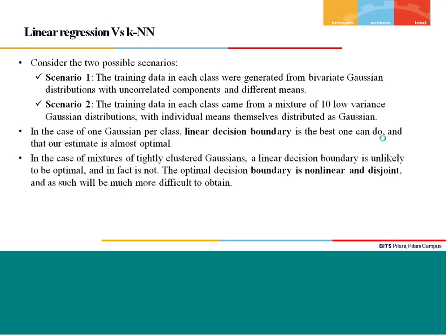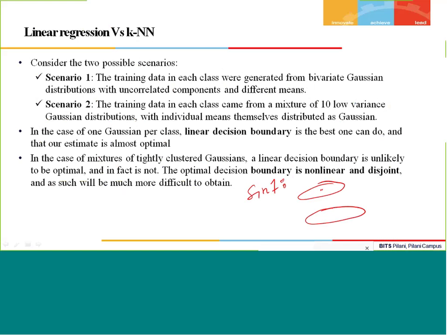So let's take another two scenarios. In scenario one, I am saying that I am generating these class labels by two Gaussian mixture models. This Gaussian mixture model is generating, let's say, orange points, and this Gaussian mixture is generating, let's say, blue points.